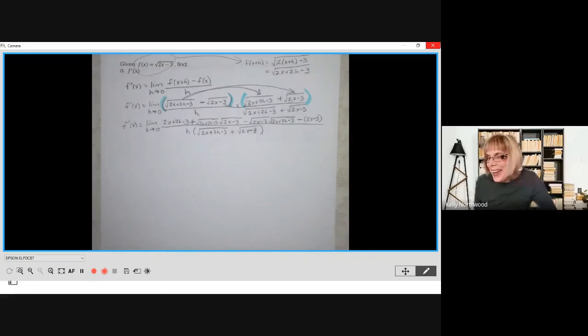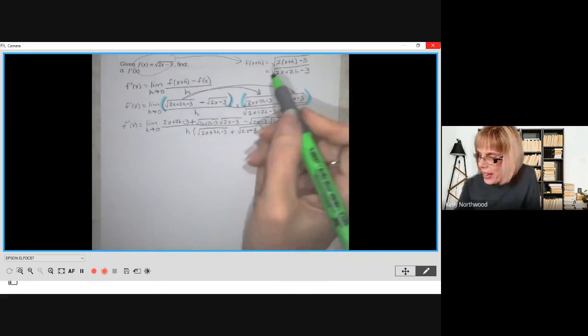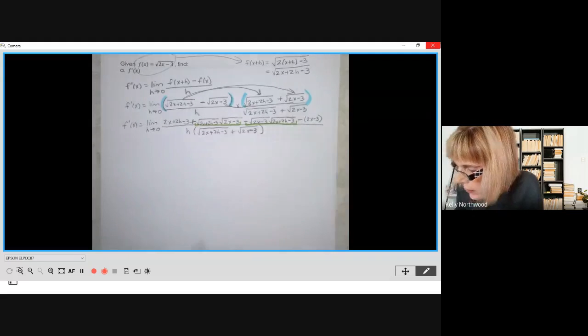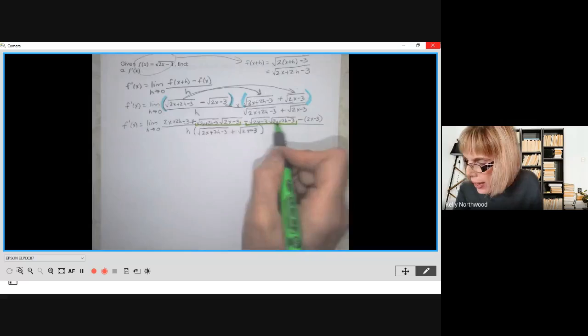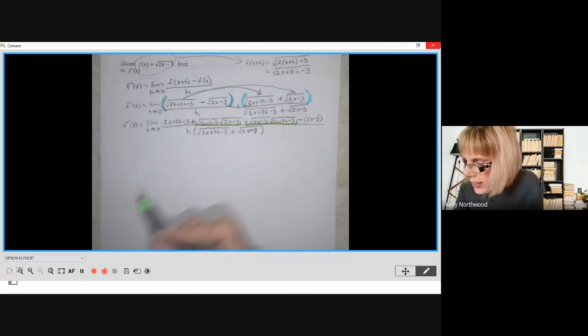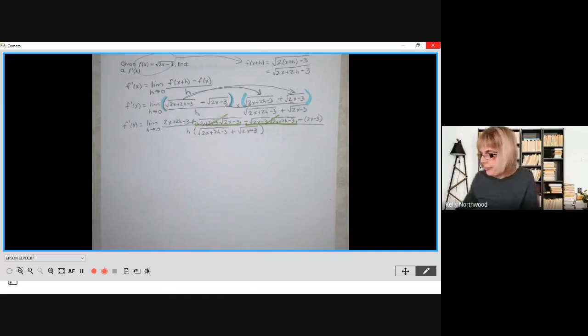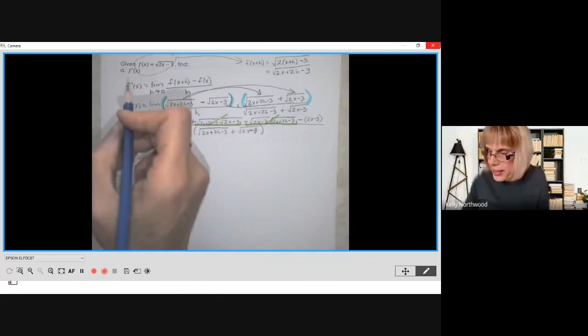All right, okay, so everybody see that these two terms here are a 0 pair? We have adding and then subtracting the exact same thing. So these yucky terms add up to 0, which is nice.